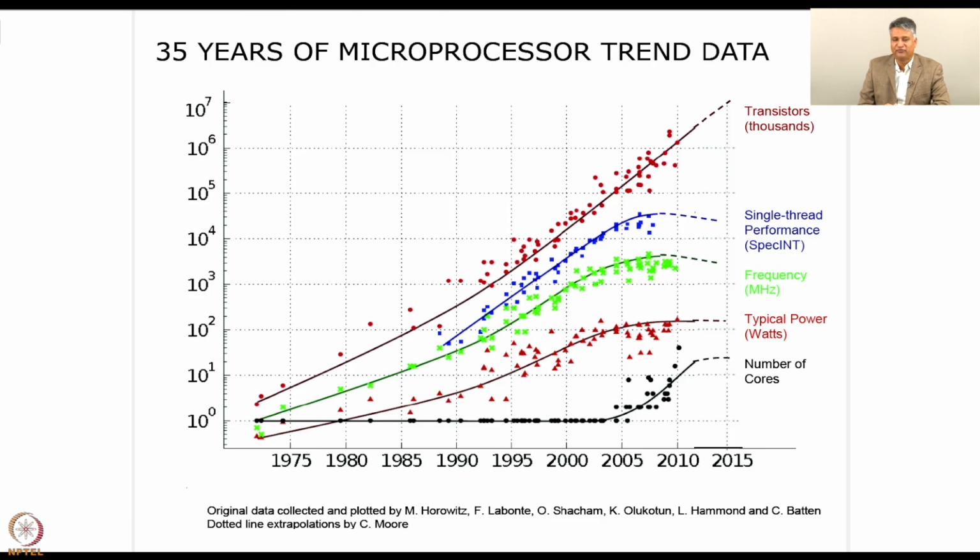But over the last few years, you would have seen that the so-called clock speeds have sort of frozen at about 3 gigahertz on desktop machines and about 1.5 gigahertz or even lower on laptops and low power devices. It also means that the typical power consumption of these integrated circuits has reached an asymptotic limit.